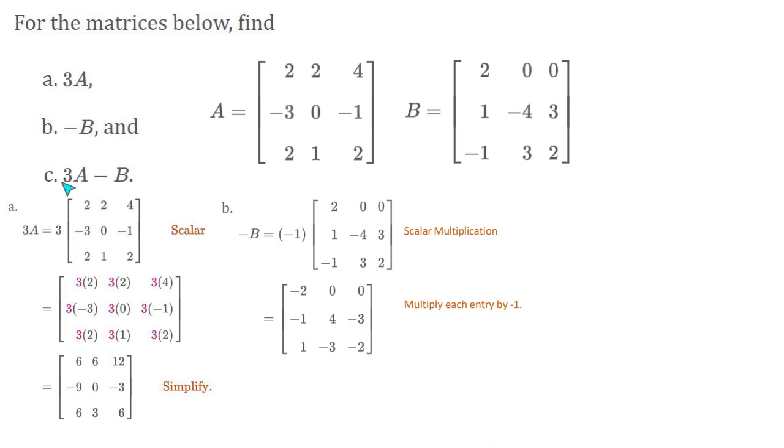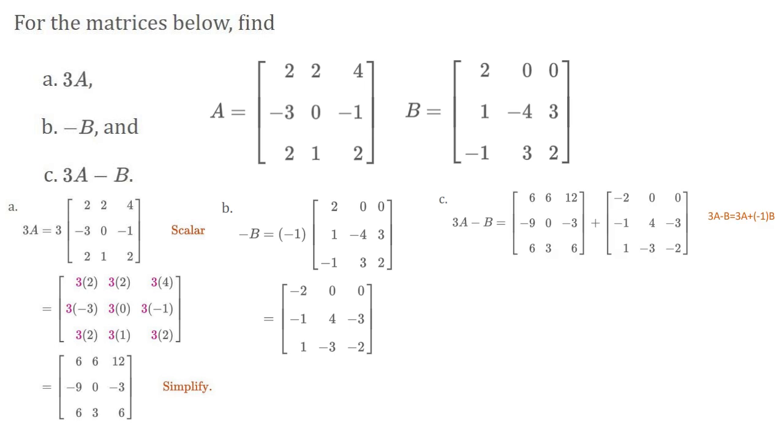And then the last one, we want to do the operation 3A minus B. So 3A, we saw that it was 6, 6, 12, negative 9, 0, negative 3, 6, 3, 6. And then minus B was negative 2, 0, 0, negative 1, 4, negative 3, and so on.